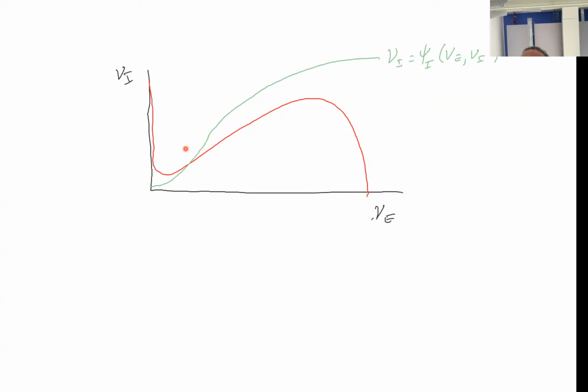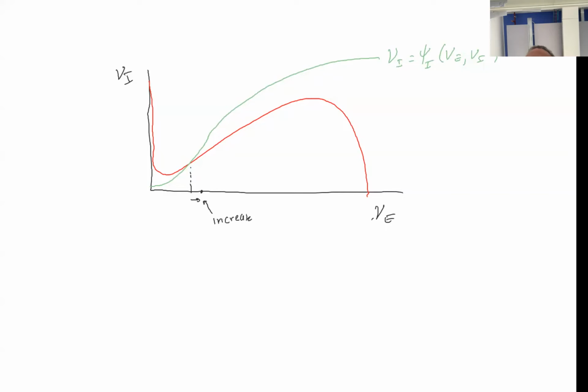Okay, so let's say we're sitting right here. So we increase nu E. So nu E somehow goes up to here.